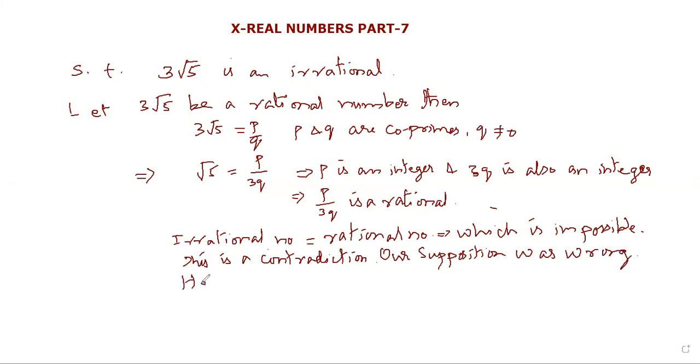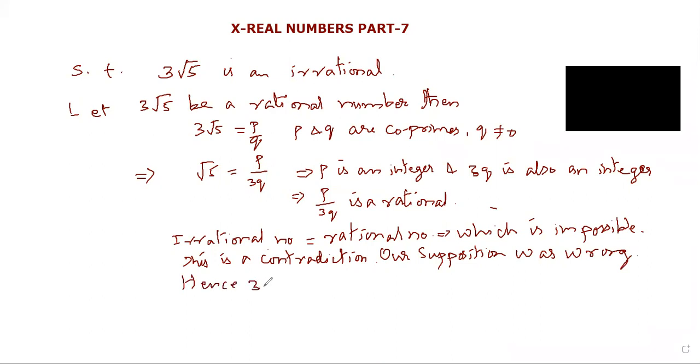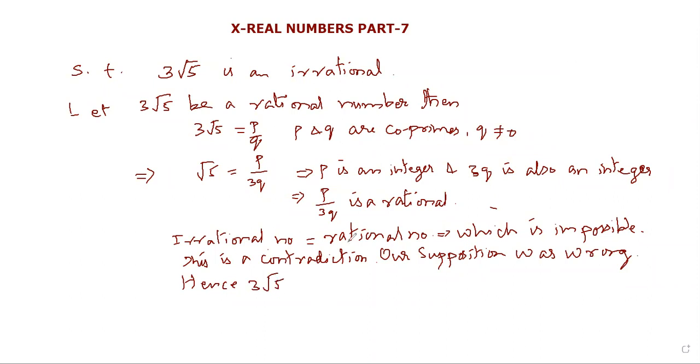Hence, proved that 3 root 5 is an irrational number. Okay, got it?